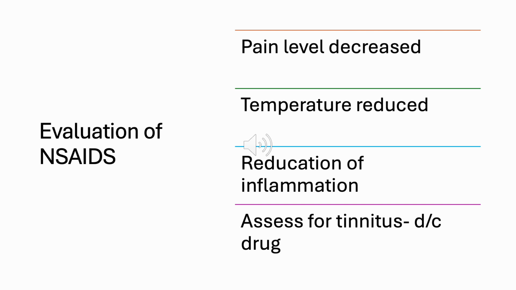Observe for symptoms such as pain or fever that do not respond to the drug, which suggests that the patient is getting worse, and notify the healthcare provider. The patient may need a larger dose or more potent drug or alternative therapy.